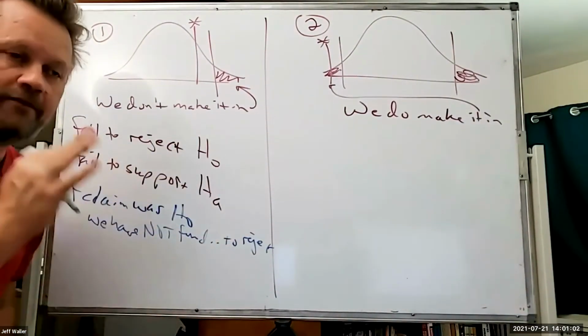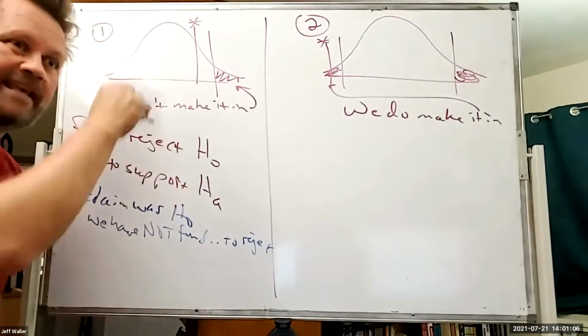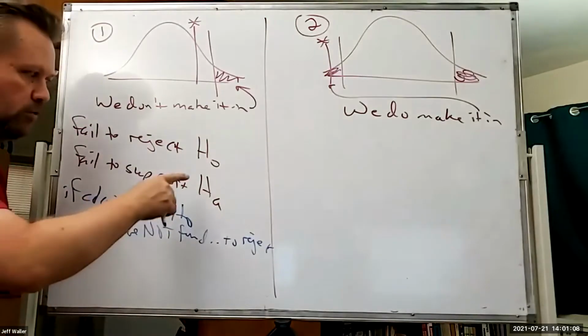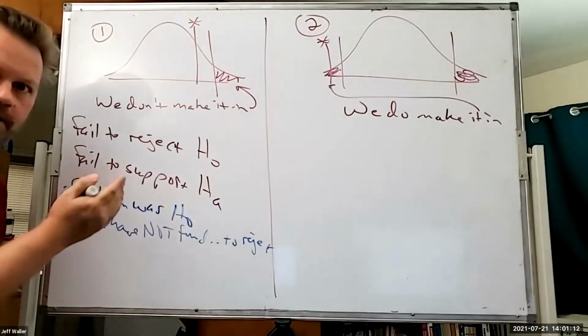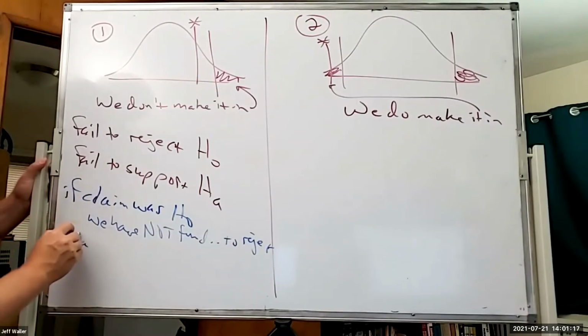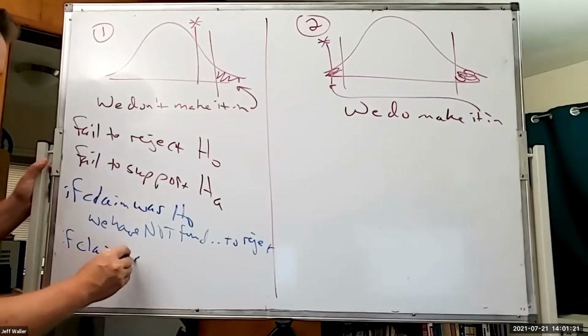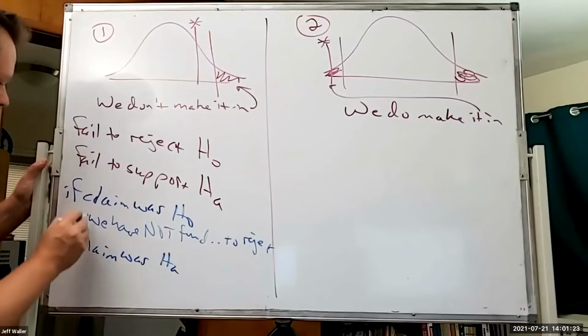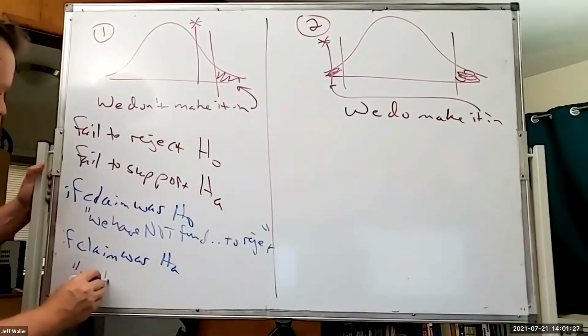That's why the very first step is, what is your claim and where does it go? Because at the end, I ask which one is my claim, and that's the language I'm going to use. So if the claim was HA, then we would say we have not found sufficient evidence to what?